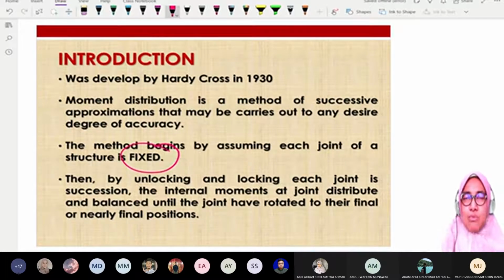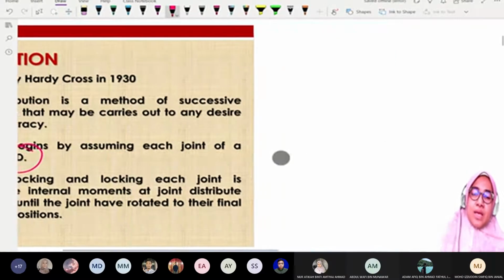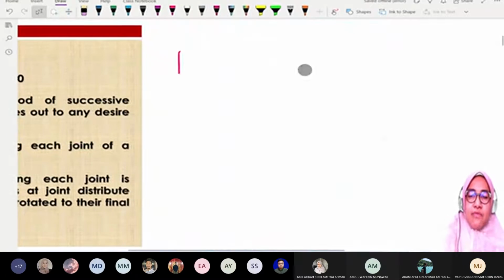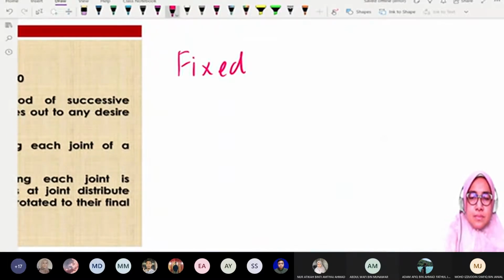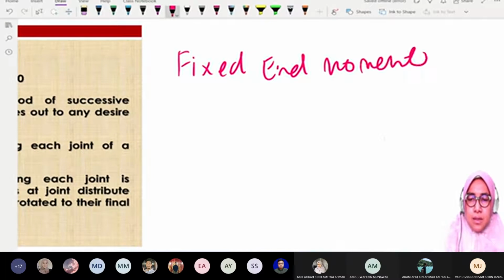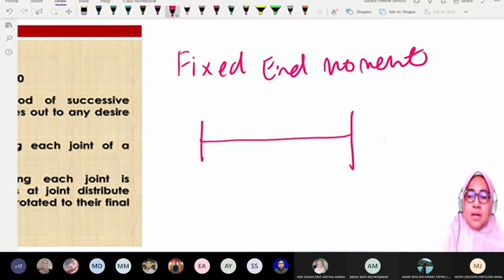Every time we want to do the process, it is actually based on the assumption that the end is fixed. That is why we can apply fixed end moment. Fixed end moment means we have one beam.